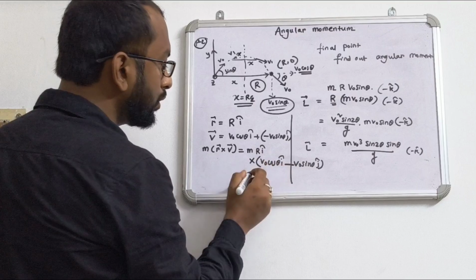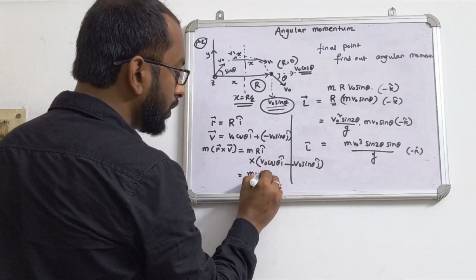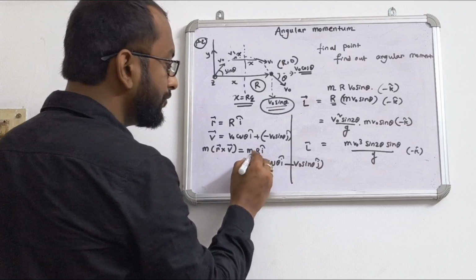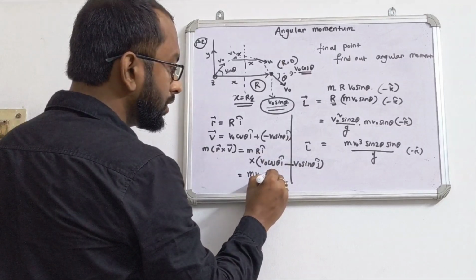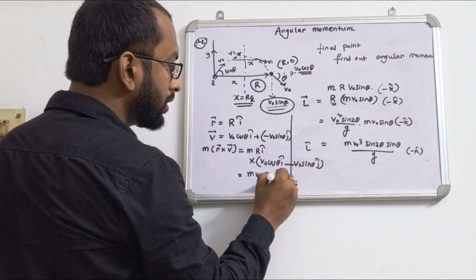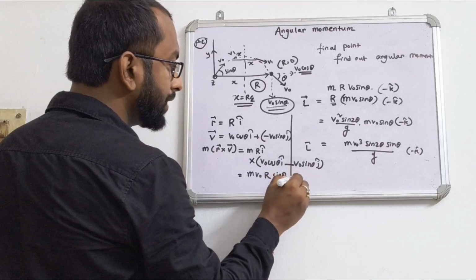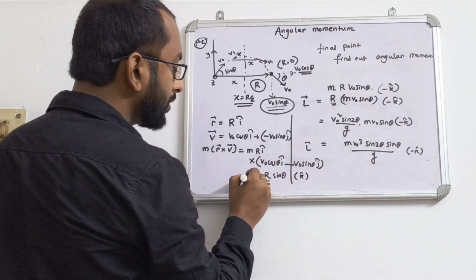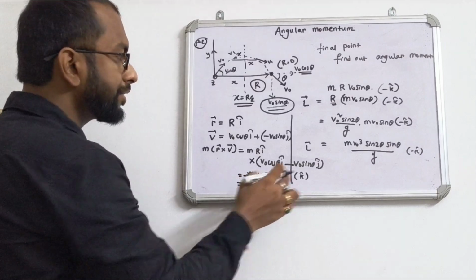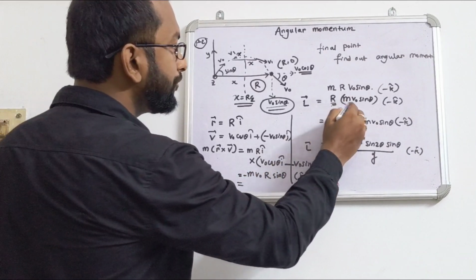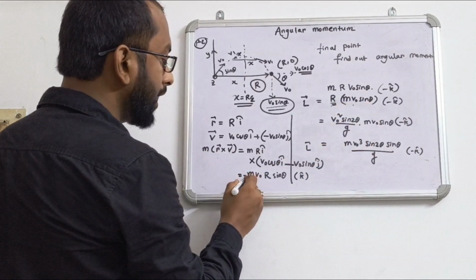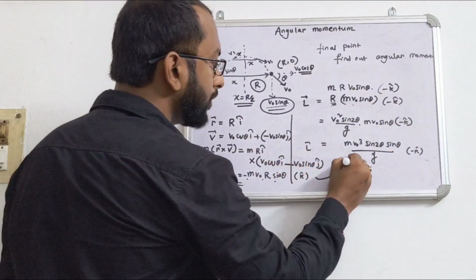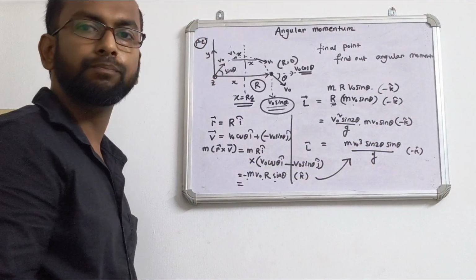So this will be 0. So it is m v naught only, multiplied with i cross j. So m v naught R sin theta, i cross j is k, and there is a minus initially. So it is the same expression we are getting, m v naught R sin theta into minus k. Here also minus is there. So we will get the same answer eventually.